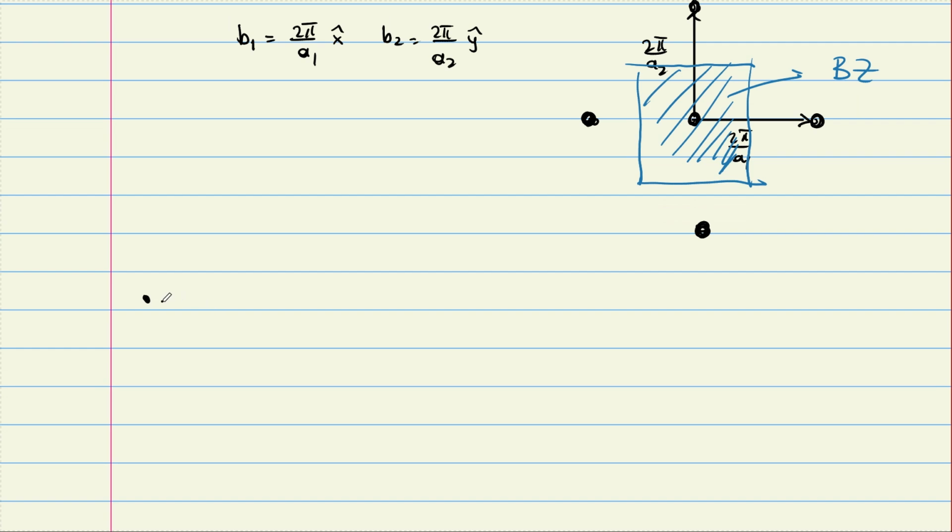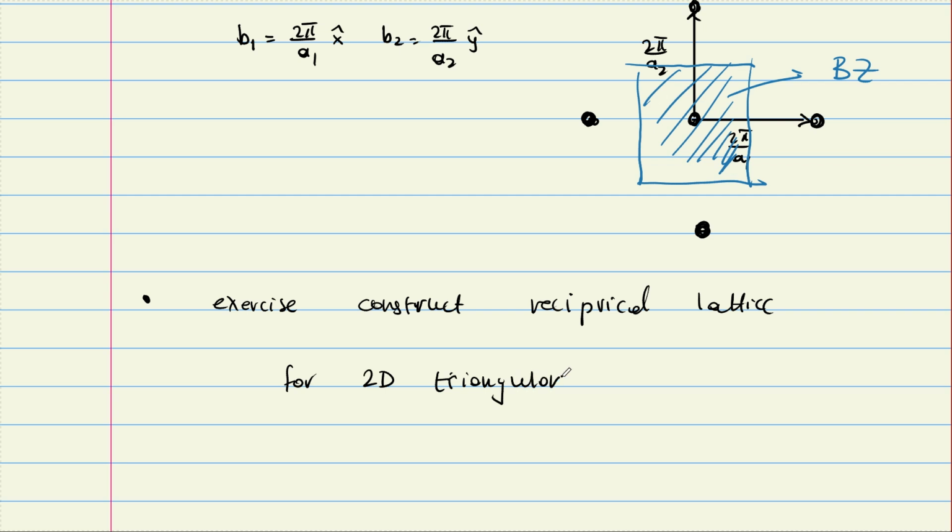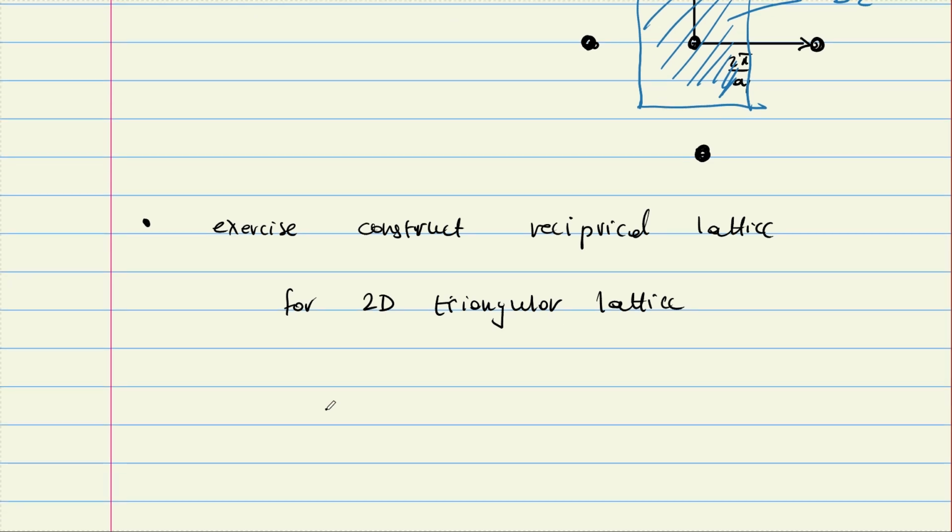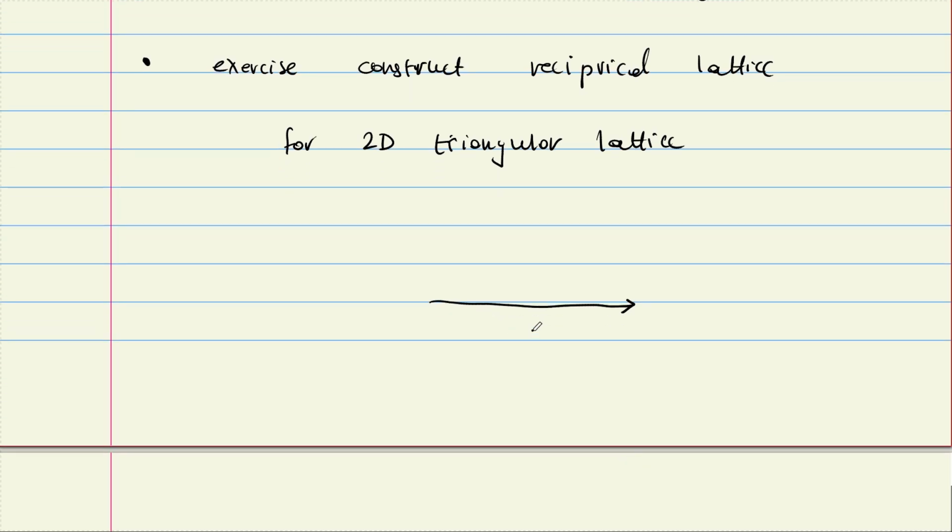So as an exercise, construct the reciprocal lattice for a 2D triangular lattice. And here, if you want, the unit vectors are not unique, there's no unique vector choice, but you can choose something like that.